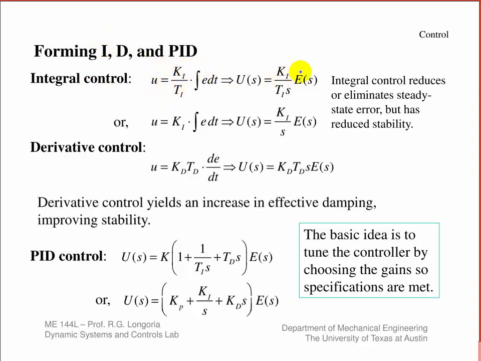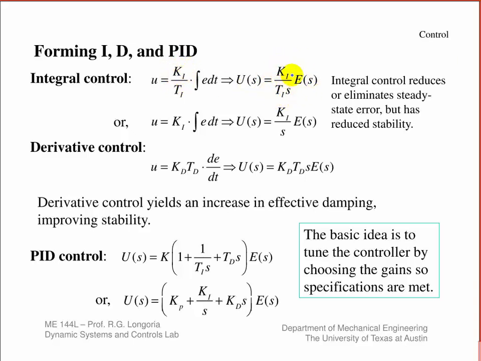You'll see these two described in two different ways. Sometimes your control action for the integral is related to a time, an integral time, and then there's also a constant, and so it might be in this form.